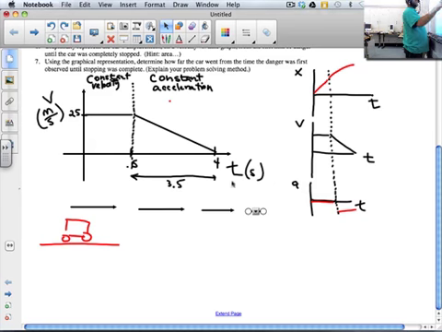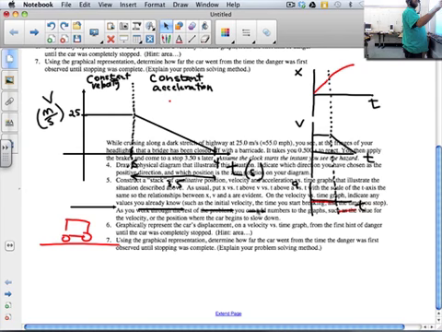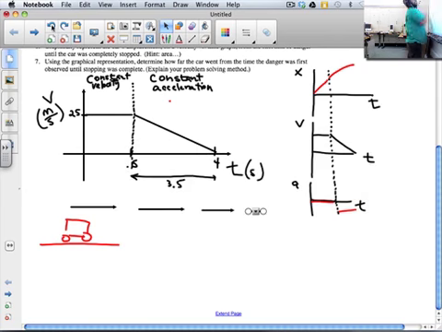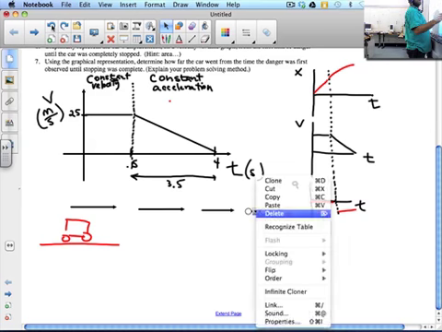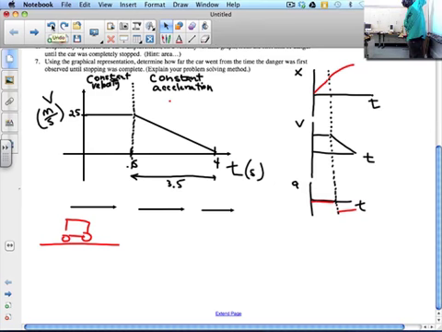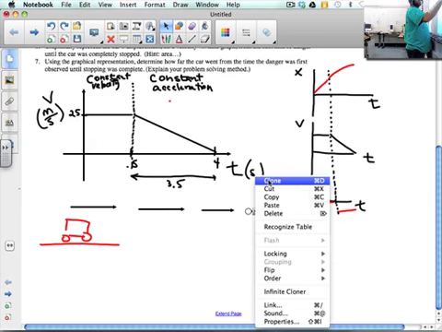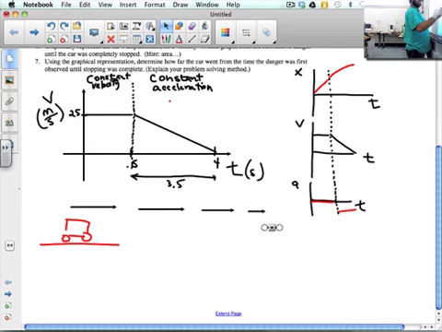And I'll put one more at the end. Oh, I'll make this arrow smaller still. So this is a motion map.